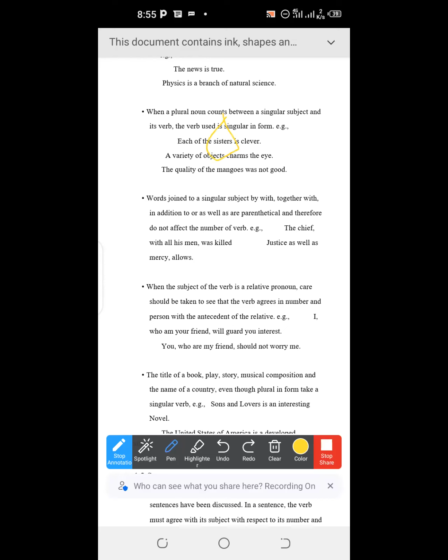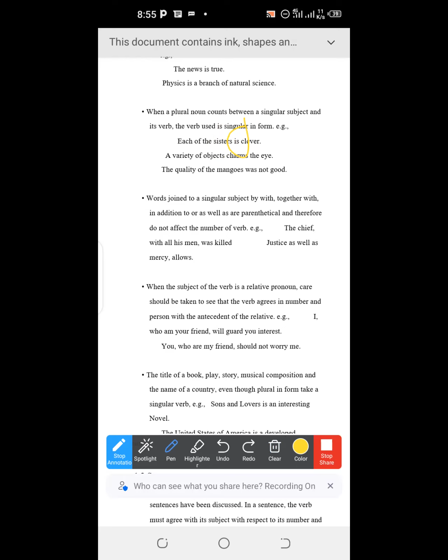Here, if you see the example, each of the sisters, sisters is plural. So why should we use is after sisters? We must say are after sisters because sisters is plural. So dear students, here we are not talking about all sisters together. We say each of the sisters.